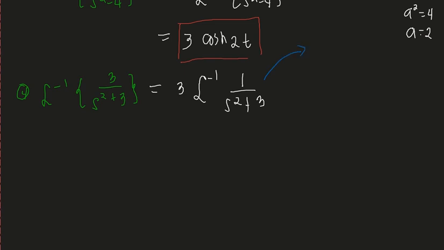So this, pwede natin ma-relate sa Laplace transform of sine at, which is equal to a all over s squared plus a squared. So based sa sini nga problem, pwede natin ma-relate nga ang aton nga a squared is 3. So we have your a squared is equal to 3. So therefore, ang aton nga a is equal to square root of 3. Okay, so square root of 3.